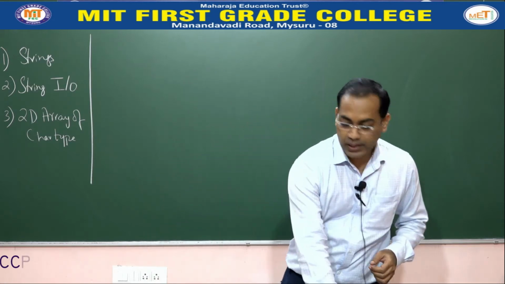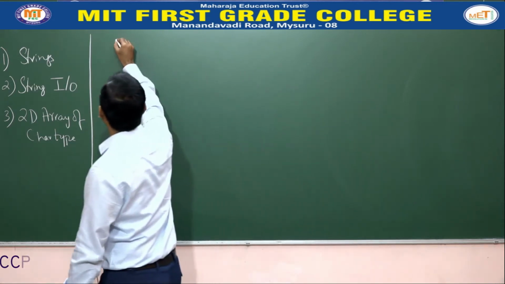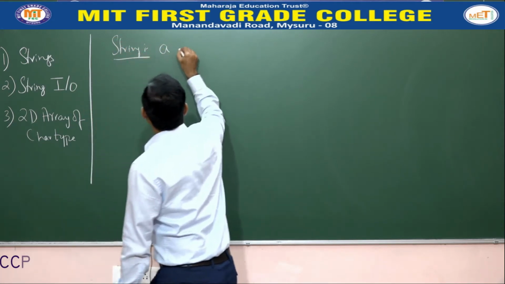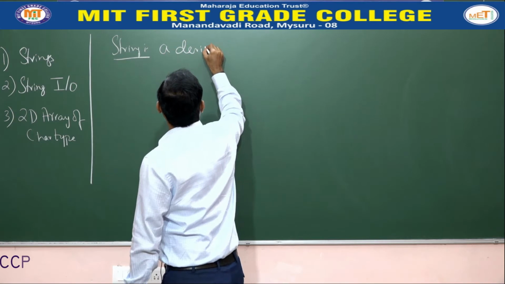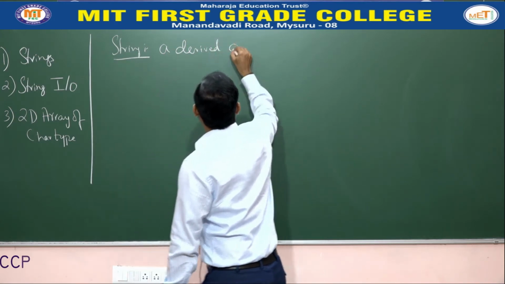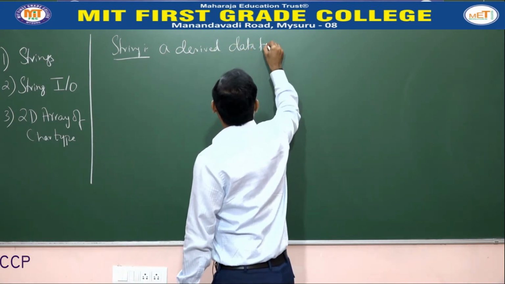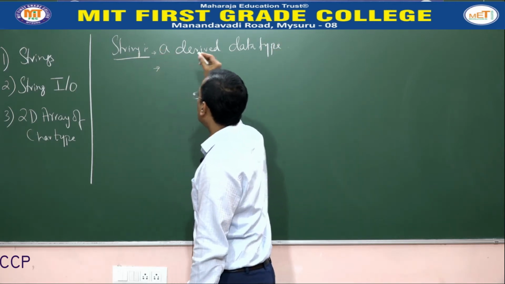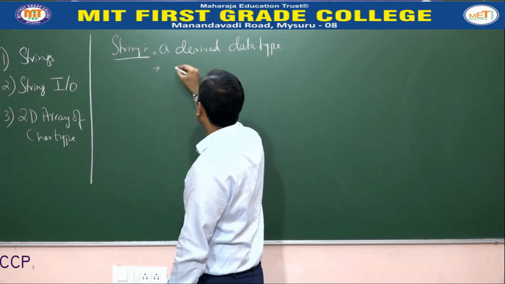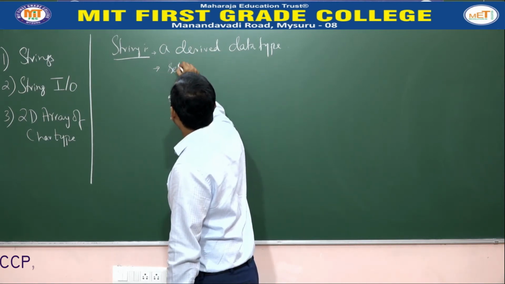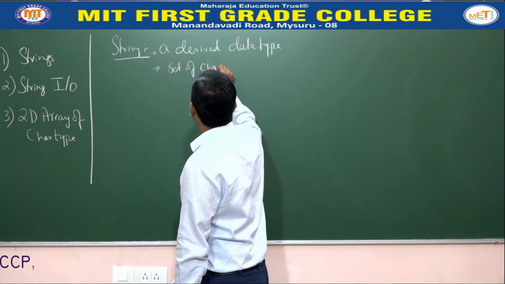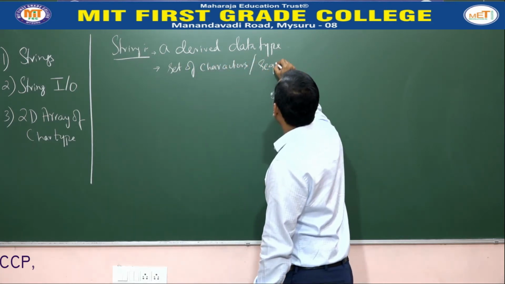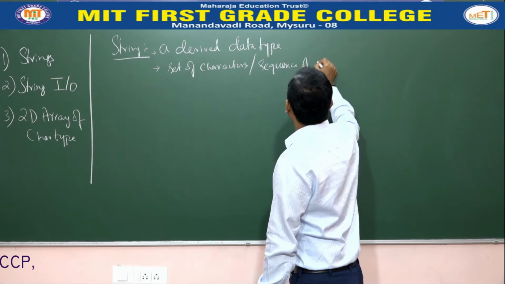As I said, string is nothing but a derived data type. You already learnt what you mean by string. In the C tokens, string is nothing but a set of characters, or you can call it a sequence of characters.